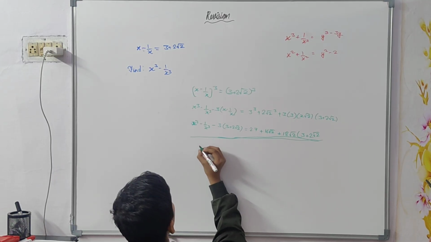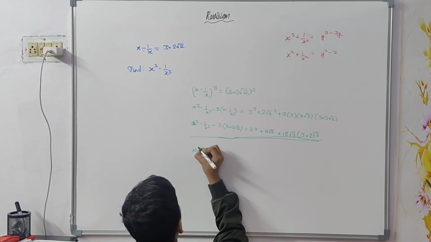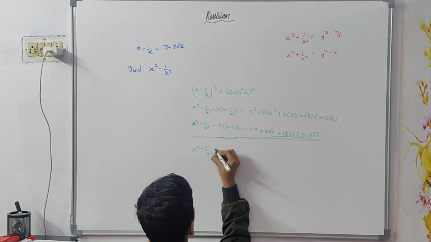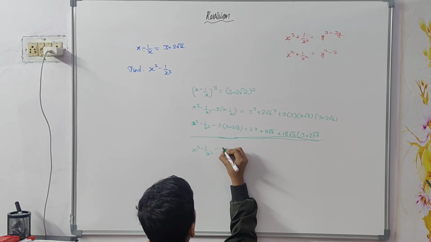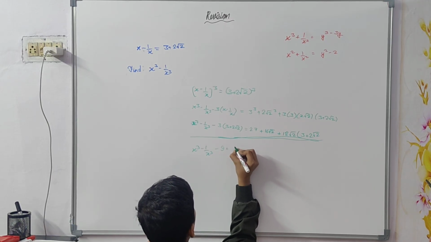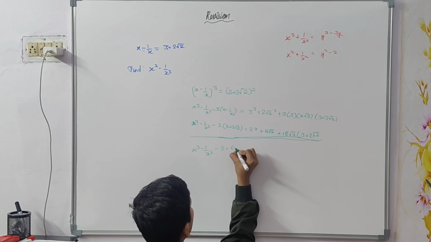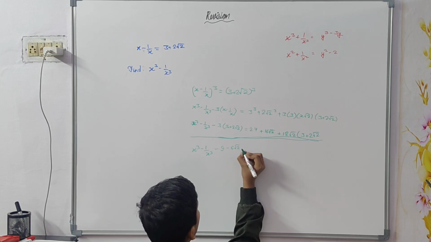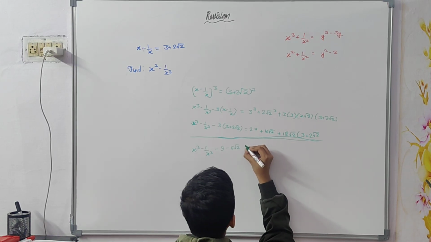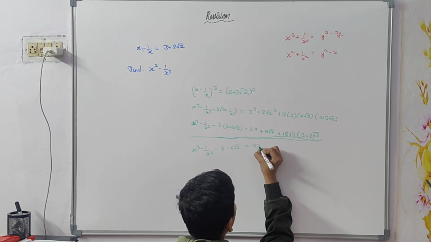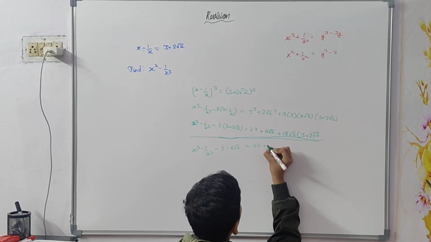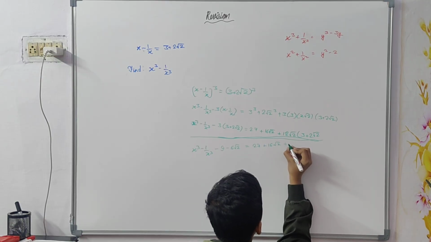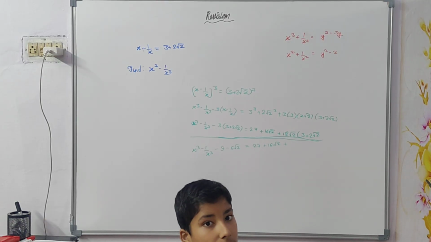So x cube minus 1 by x cube minus 9 minus 6 root 2 equals 27 plus 16 root 2 plus 18 root 2 plus 16 root 2.